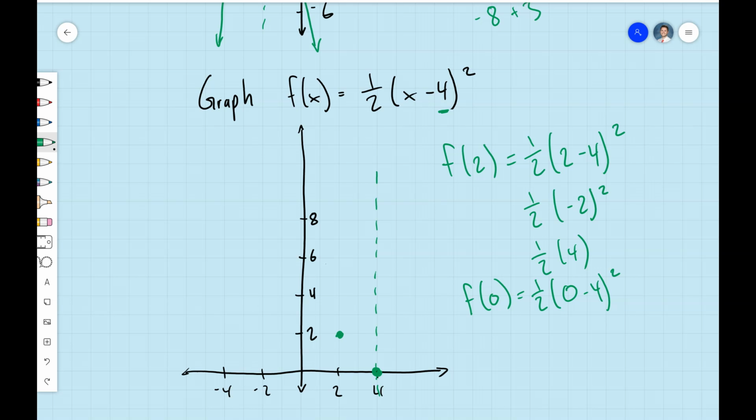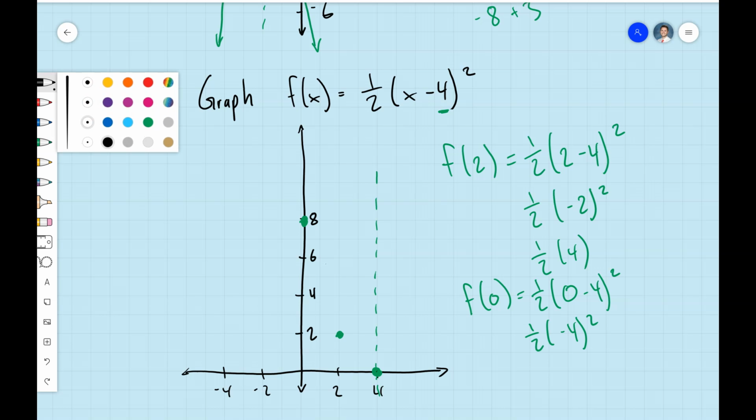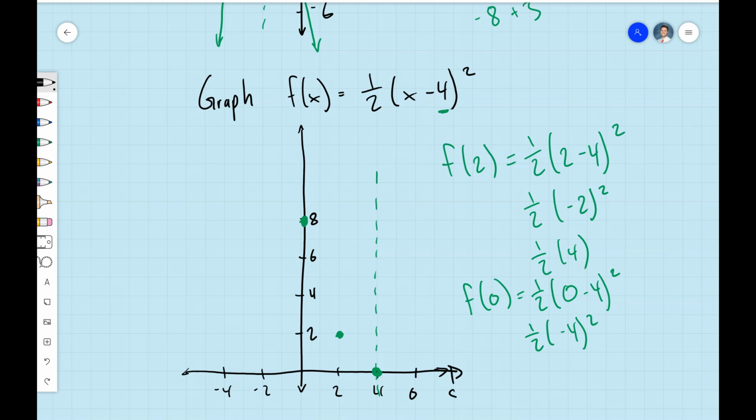We know that 0 minus 4 is negative 4. And negative 4 squared would be 16, and half of 16 is 8. So we have the point 0, 8. Now if I extend my graph a little bit this direction, I should have a point at 6, 2, and at 8, 8. And now I've got quite a few points that I can use to help draw the parabola.